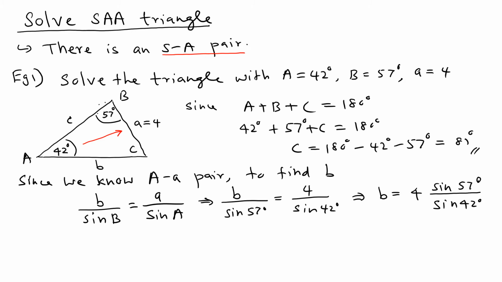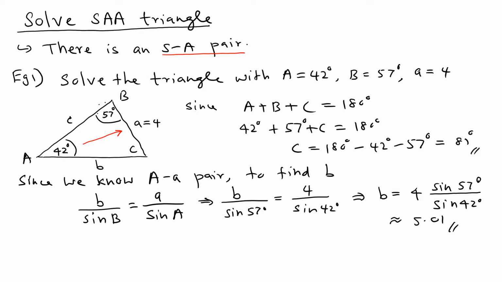Now if you use a calculator, up to 2 decimal places, b equals 5.01. So that's how you use the sine law to find the unknown.